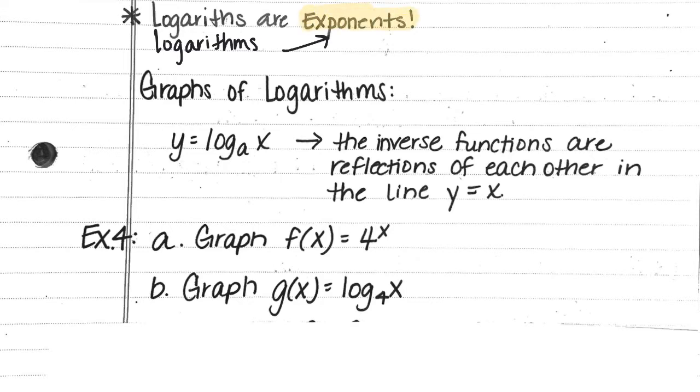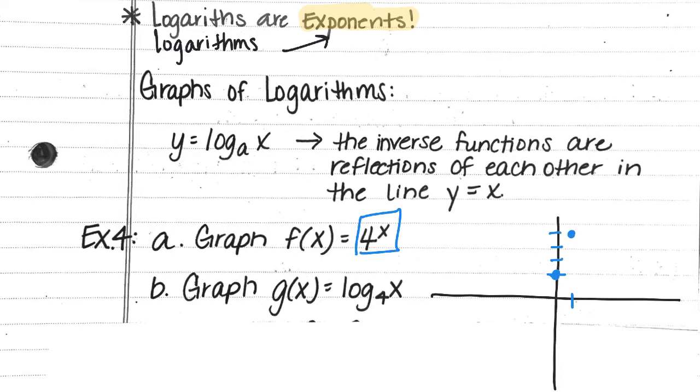So we should already know what one of these graphs looks like. Graph of f of x equals 4 to the x. Remember that this is going to go at 0, it's going to go through 1. At 1, it's going to go through 4. And remember, this is going to never, ever touch the x-axis because it can't be negative.